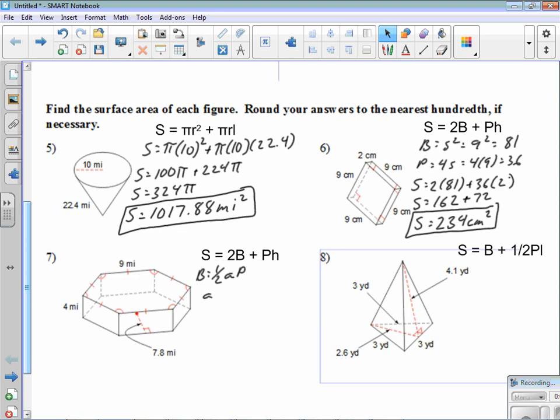So A is 7.8. Our perimeter, since it's a regular hexagon, is going to be 6 times the length of the sides, which is 9. So we got 54 there. So figure area of the base, we're looking at 1/2 of 7.8 times 54.